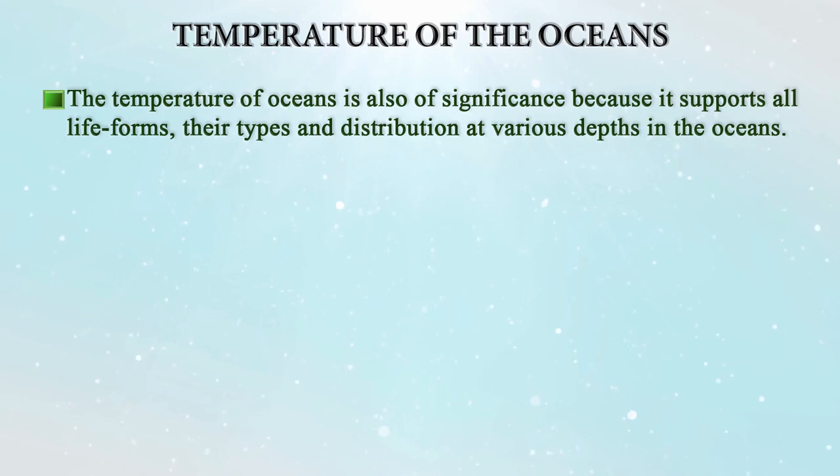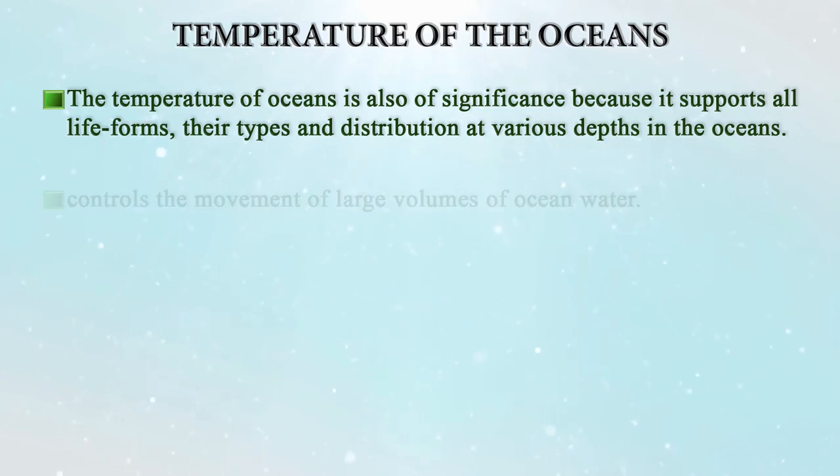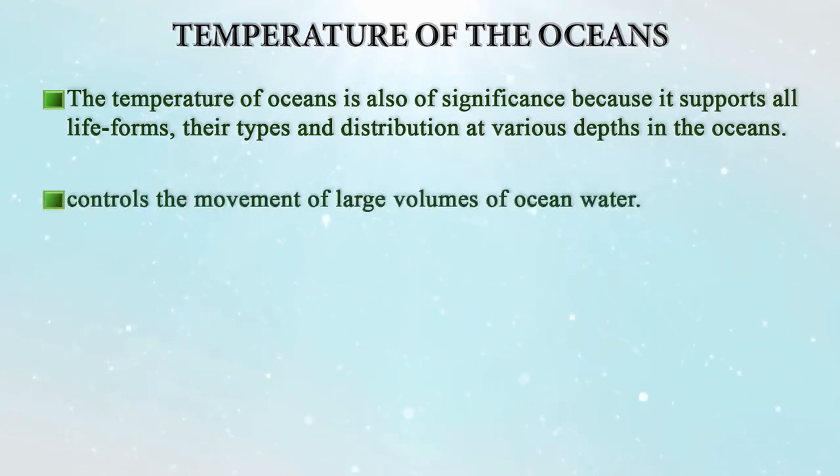So, while studying the temperature of the oceans, it is significant that oceans have a particular temperature, and so it supports all life forms in the oceans and their types and distribution at various depths. Temperature also controls the movement of large volumes of ocean water, which we will study in the next video programs related to the movement of ocean water like tides and currents.